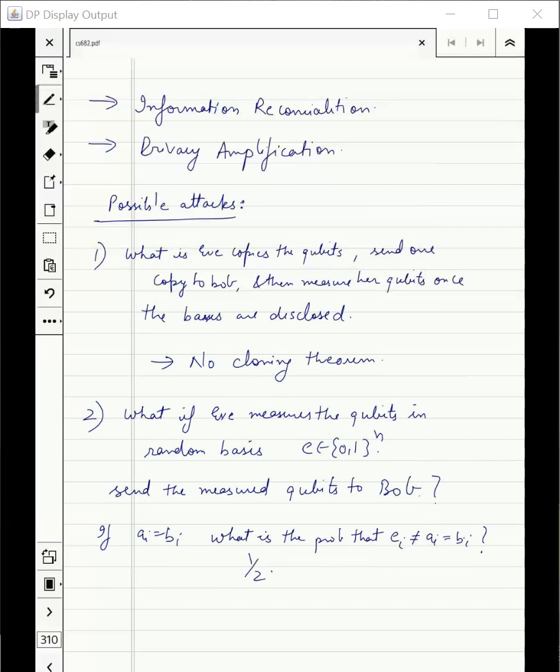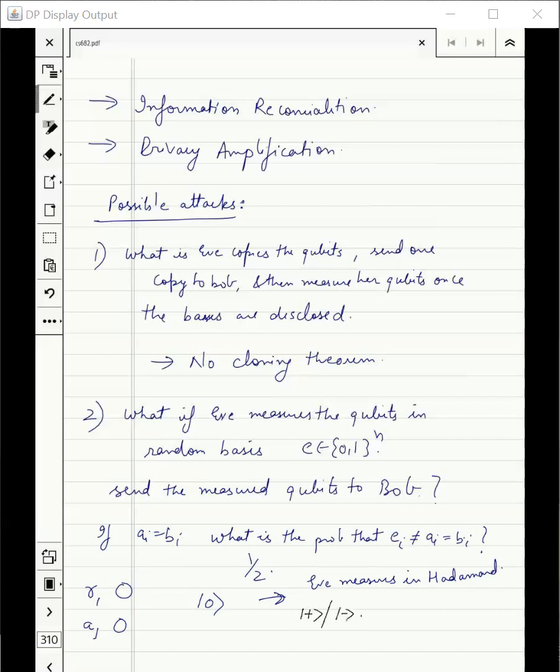Let's take it simply that Ri was 0, Ai was 0. That means what will be sent? 0. Now Eve measures in which basis? Hadamard. Correct, because Ei is not equal to Ai, that means Ei is equal to 1. She measures in the Hadamard basis, so what state will she send to Bob? Either plus or minus. Correct.